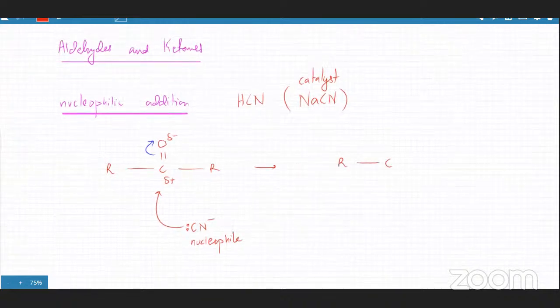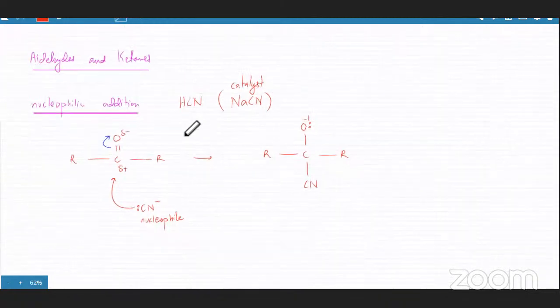There's going to be R and then there's carbon, and at the bottom, the CN would come and get attached. Whereas the oxygen electrons are going to get repelled and pushed upwards. So CN is coming in, bonding with the carbon in the middle, and the double bond electrons are getting pushed upwards.